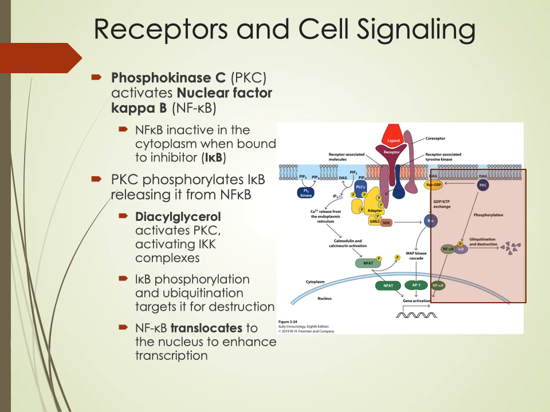The reason why I bring all of this up and all these cell signaling pathways is that in our journal club papers, we will most likely at some point see some of these different phosphorylations and some of these different signaling pathways. So we might have a paper where they're going to look at protein kinase C, or they might look at NF-kappa B. And so again, ERK, phosphorylation of ERK.